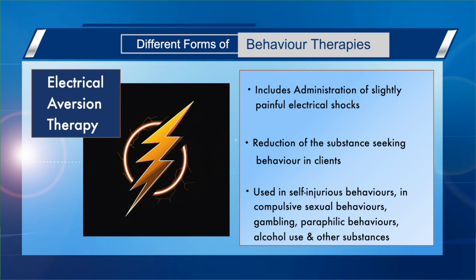This therapy is used in self-injurious behaviors, compulsive sexual behaviors, gambling, paraphilic behaviors, alcohol use and other substance use, with promising results. There are human rights issues involved in electric aversion therapy, hence it is not used now.